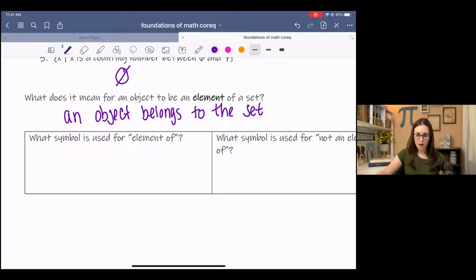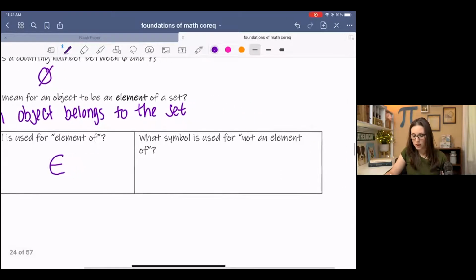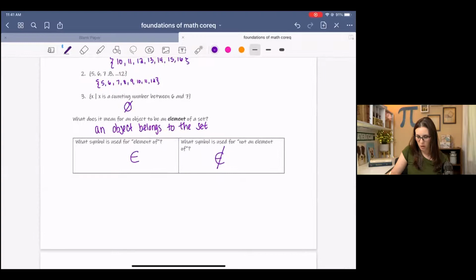The symbol for element is kind of a little C with a bar in the middle. It actually looks like an E, for element. And then for something that is not an element, we still have the little E, and then you just put a slash through it, and that means not. Pretty understandable.